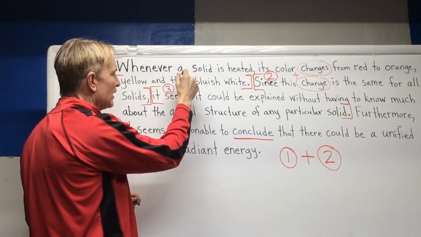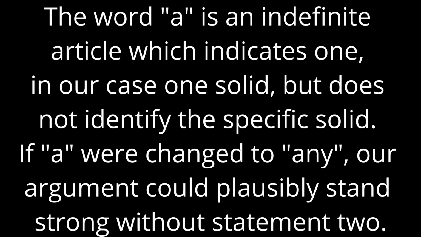Now I notice a solid. The word a is an indefinite article which indicates one. In our case, one solid, but does not identify the specific solid. If a were changed to any, our argument could plausibly stand strong without statement 2.